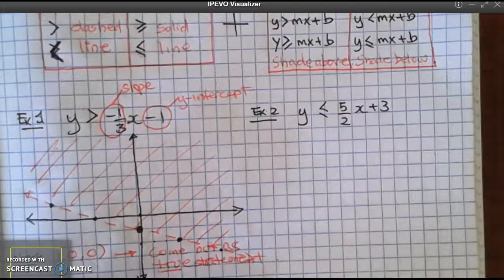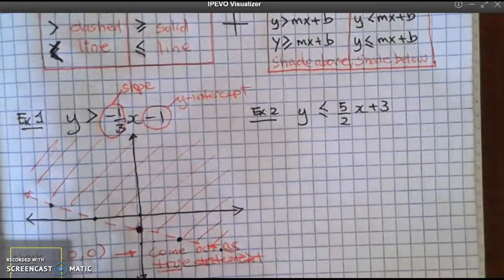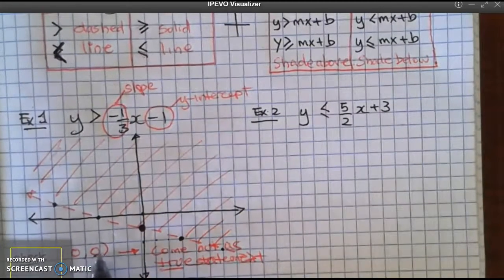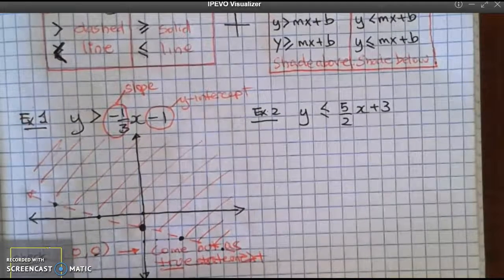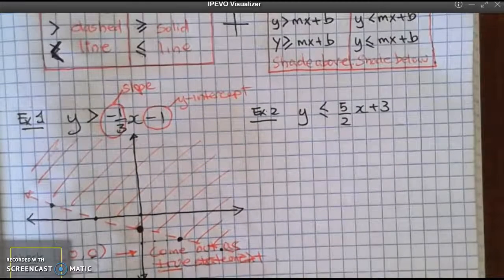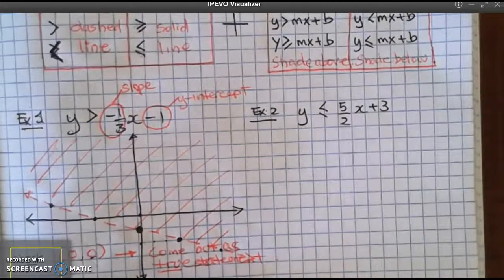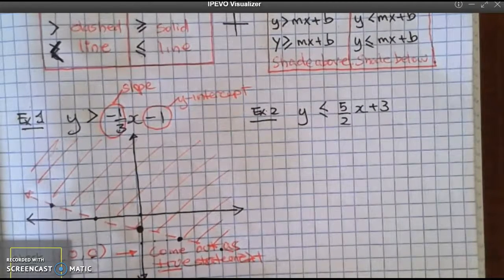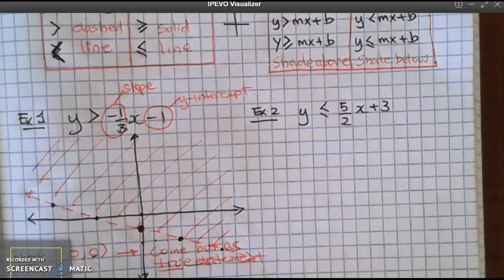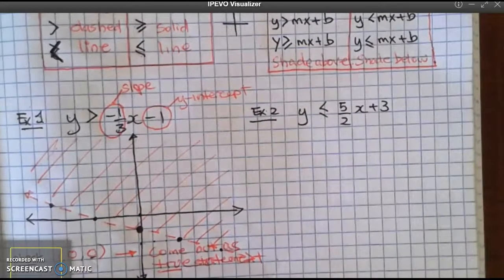So let's try that. Substituting back into the original inequality, instead of y, I'm going to put 0, is greater than negative 1/3, and instead of x, I am going to put 0, minus 1. Negative 1/3 times 0 is just 0, minus 1 is just minus 1. Is this true? Is 0 greater than negative 1? Yes, this is true.